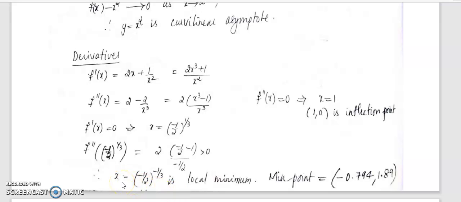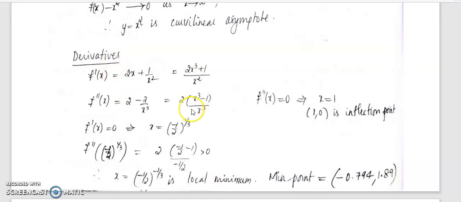So you will have a local minimum at x equal to (minus 1 by 2) raised to 1 by 3. Computing the value of f there, the minimum point is x equal to minus 0.794, that is this value, and the y value at that point is approximately 1.89.